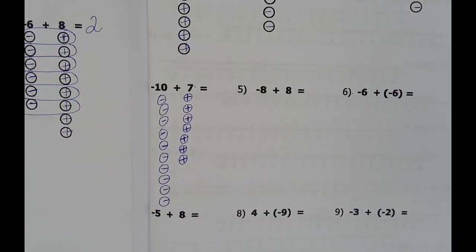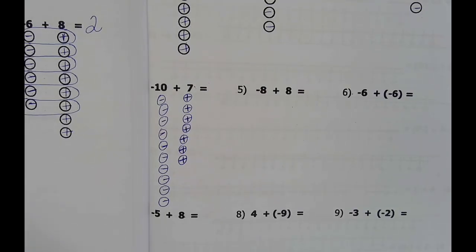What am I going to do now? I have my circles drawn. What am I going to do with those circles? I'm going to do what, Aubrey? What kind of pairs are they called? I'm circling them. Zero pairs. I'm making zero pairs.